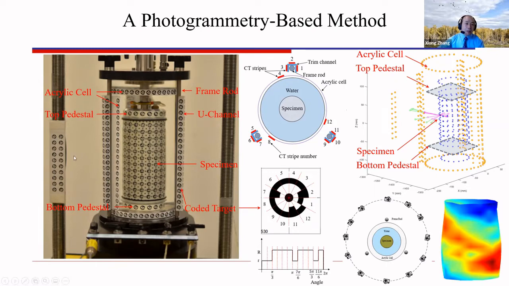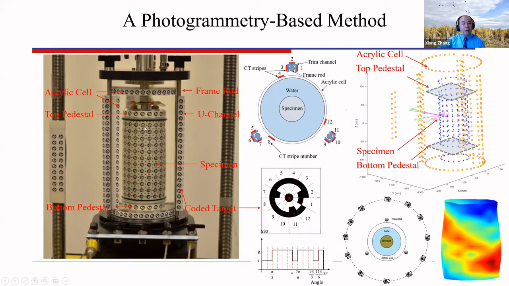What you need to do is just print some specially designed coded target necklaces at different locations of the acrylic cell. For example, here we use it to set up the coordinate system. We put it on a rod, we put something on the acrylic cell, and we have two rows on the acrylic cell.